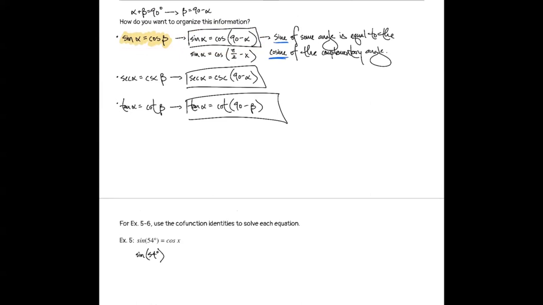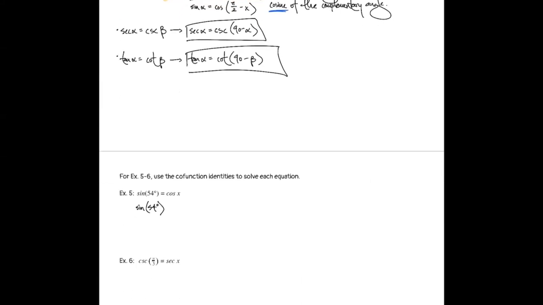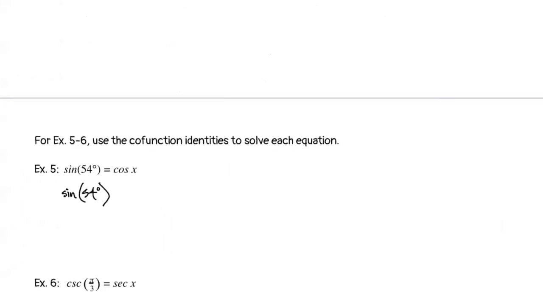Not quite, not quite. Yeah, we want the one that we add to it to make 90, right? The whole idea, the co in front of everything, complementary, co-functions, that is really important because we want this to equal the cosine of the complementary angle.